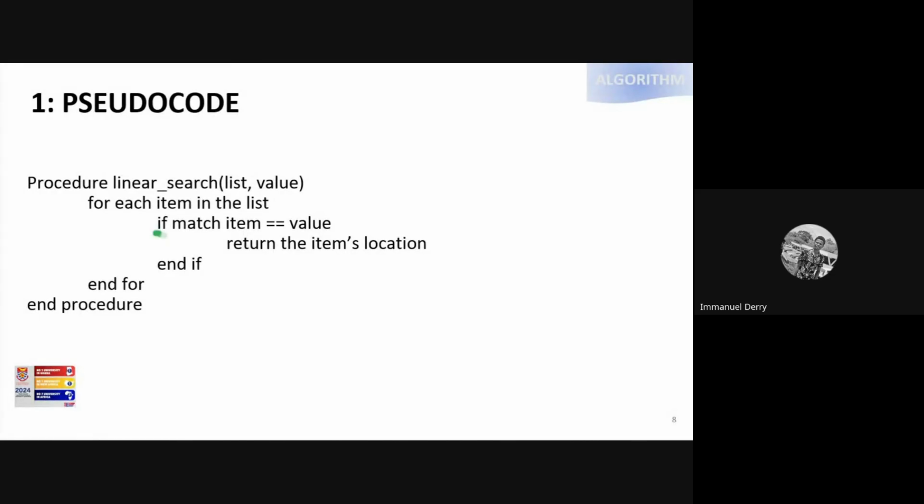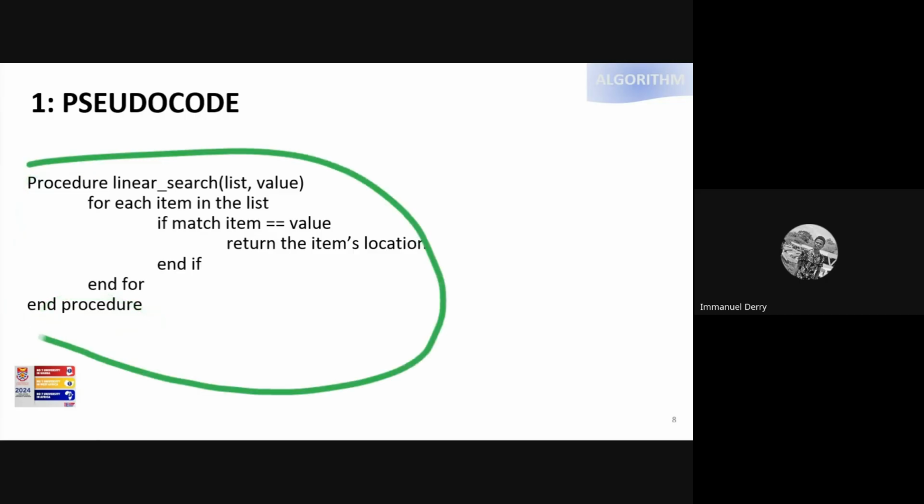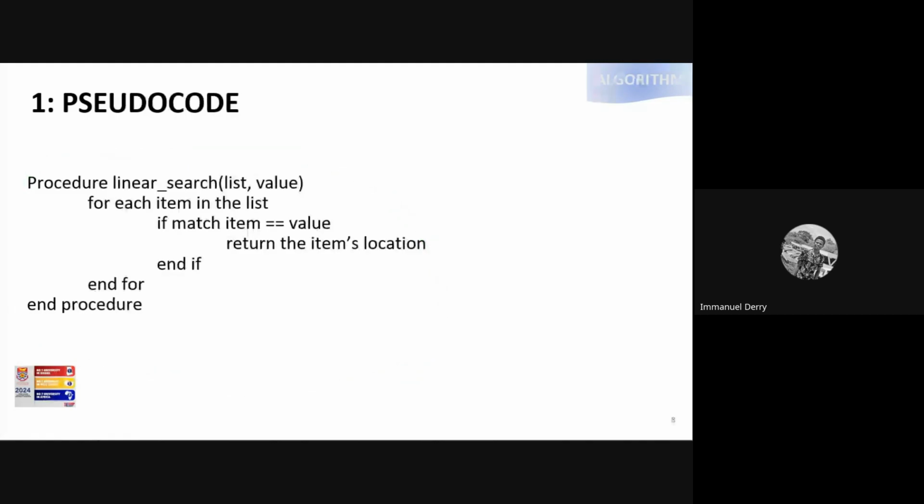So if any of the items matches the value that we have, we return the item's location, which is the item that is in the list location, to show that yes, this is the value that we are looking for. And then we end our if statement, we end the for, and then we end the whole algorithm over here. So basically, this is a pseudocode to search for a value in a list.